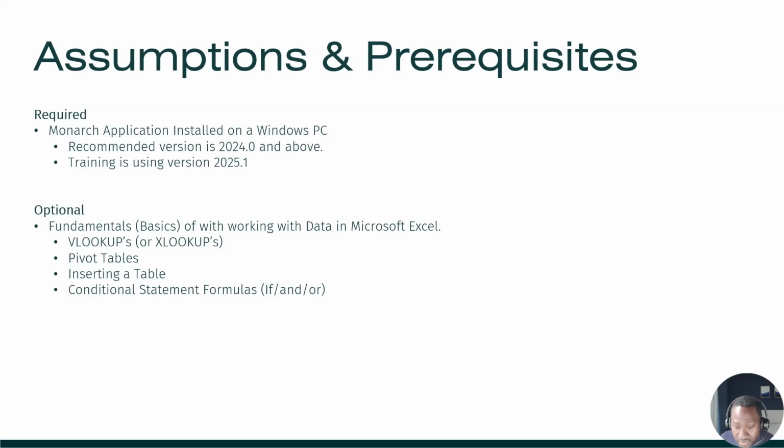Pivot tables, learning how to insert a table, and then other formulas, particularly conditional statements, IF statements. So that is optional. If you don't know those, it's fine because to be honest with you, Monarch can do a lot of the stuff, some of it without requiring formulas.